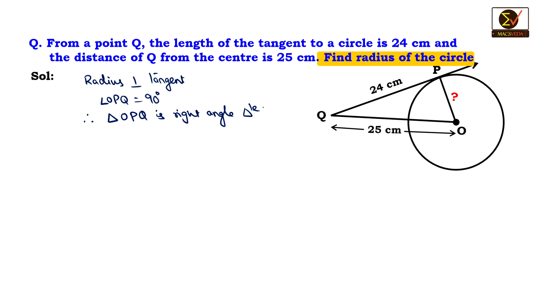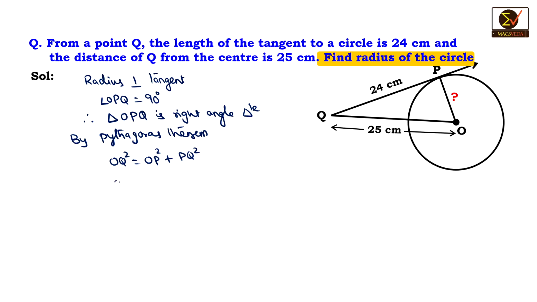In the right angle triangle, we know two sides. We just need to find the third side. So by Pythagoras theorem, OQ square is equal to OP square plus PQ square.